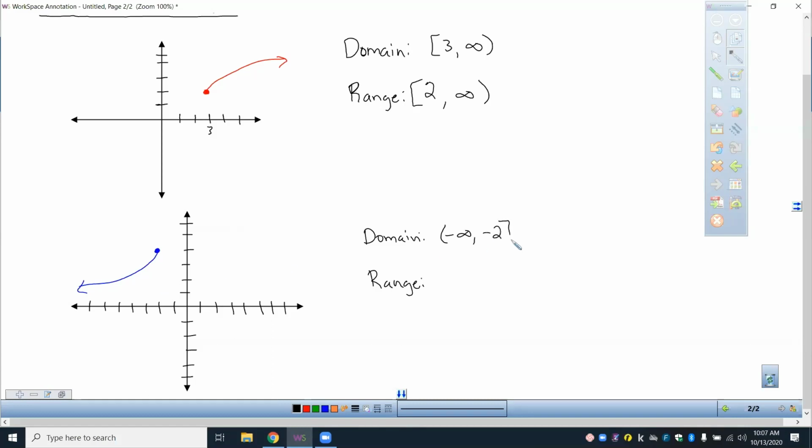And that's with a bracket. So that's the endpoint. It is a point on the graph. The range, I'm going bottom to top, so this continuing to curve down indicates that it's going towards what at the bottom? Negative infinity up until what?